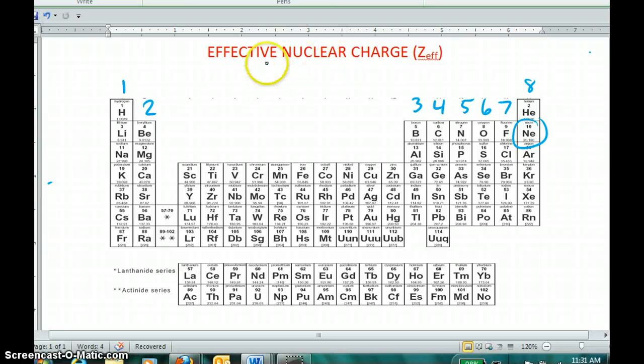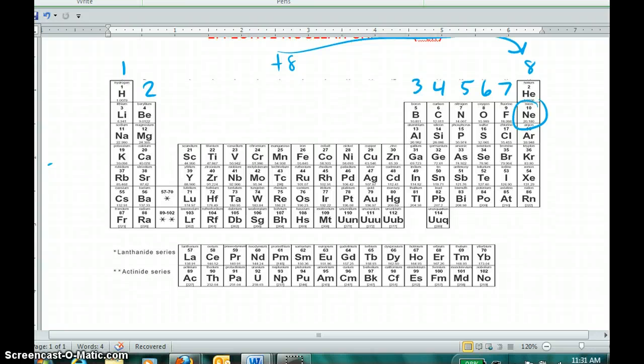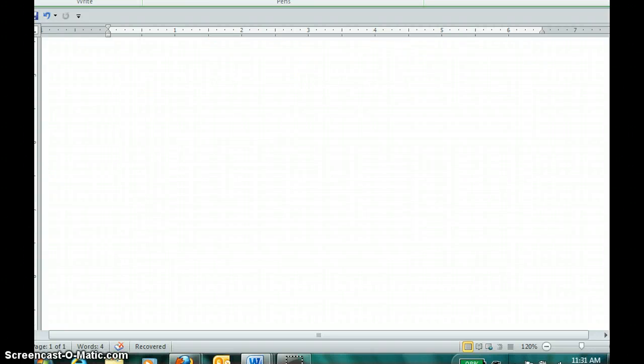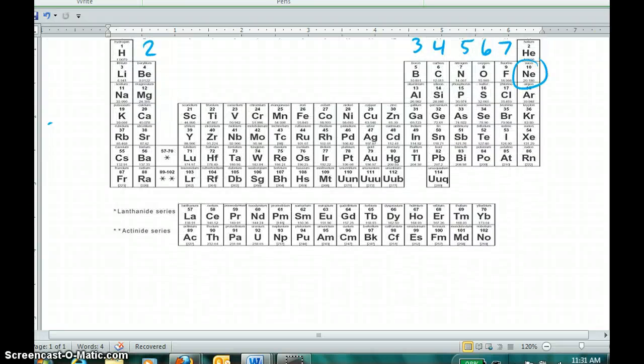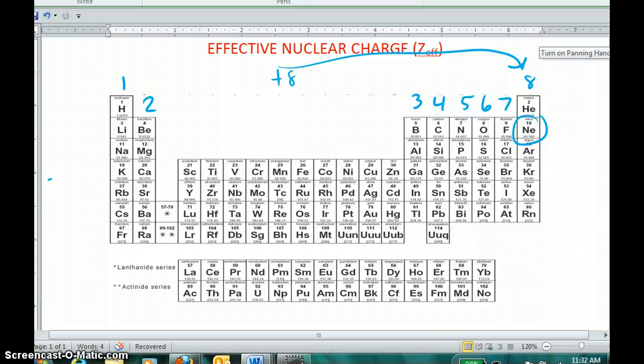And yes, the effective nuclear charge for neon was plus 8. Now, I wonder if that's true of all atoms. If I know what main group they're in, can I determine their effective charge without actually calculating it, just by looking at the periodic table? And the answer to that is yes.